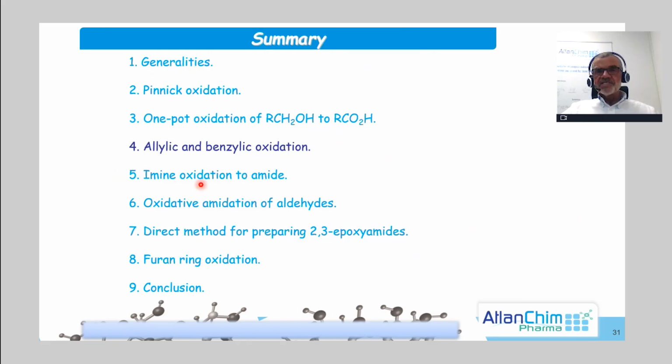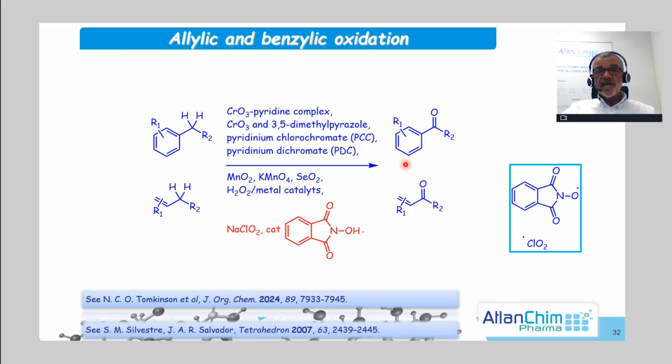Allylic and benzylic oxidations are an important synthetic transformation due to their wide variety of applications in the synthesis of pharmaceuticals as well as fine chemicals to get the corresponding enone and benzoyl derivatives respectively.